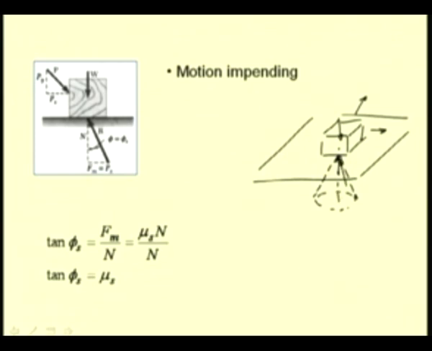But when the frictional force reaches this limiting value, that is Fm, then the resultant lies on this cone, which we call as the cone of friction, then we say that the motion is impending. So, this kind of an analysis is sometimes useful in certain class of problems.